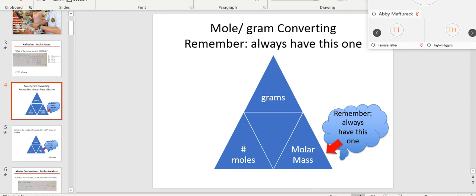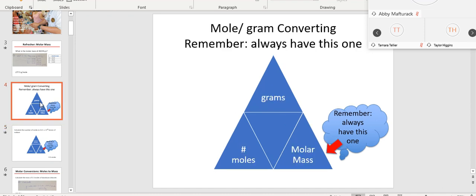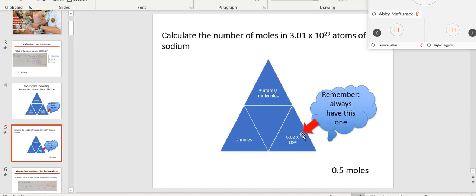The next triangle formula, you've seen before, where the number of moles is equal to the number of atoms or molecules divided by Avogadro's number. And please note, just like the previous triangle, you always have this one.